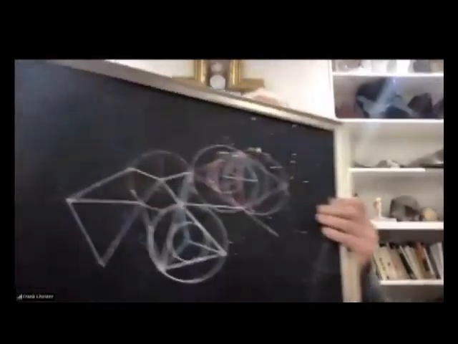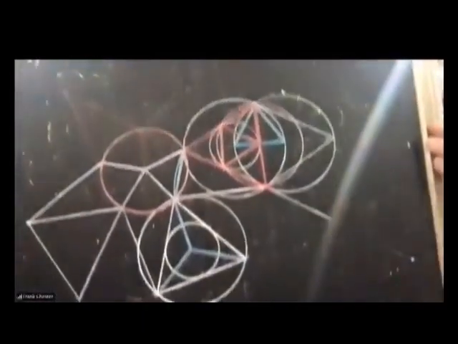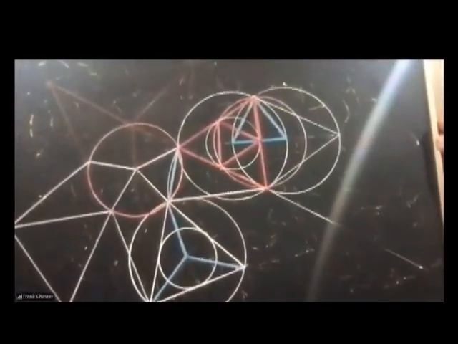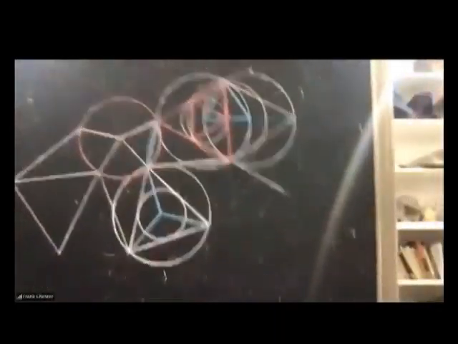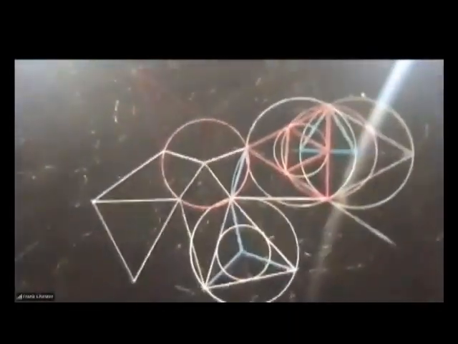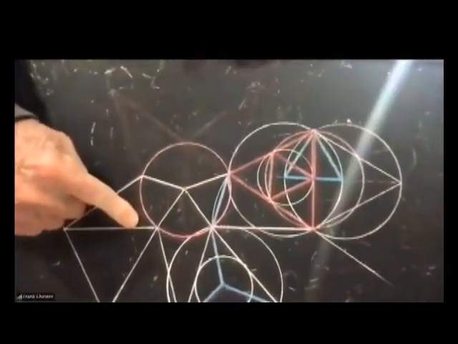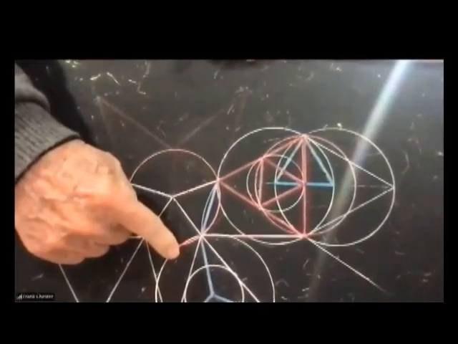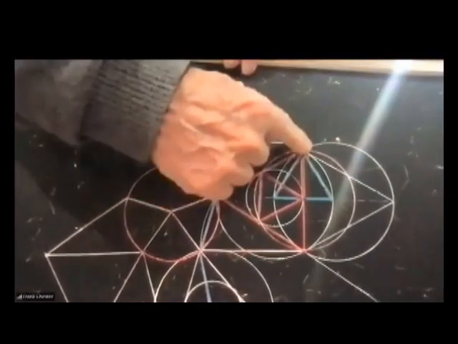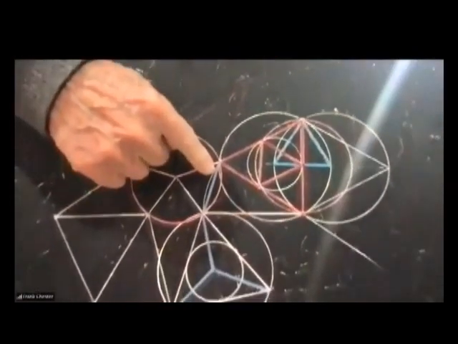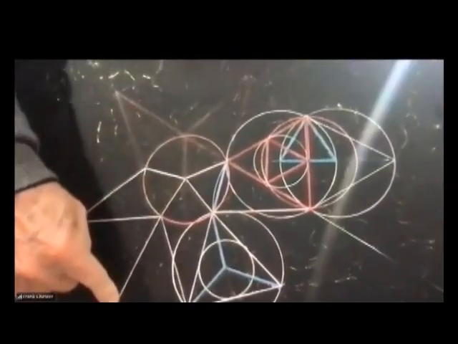This is what it looks like. It's an artistic drawing. And it shows you what I just did, except that it completes it. And what I mean by that is that here's one kite, there's another kite, and here's the kite I showed you. Here's the triangle. Here's the other triangle.